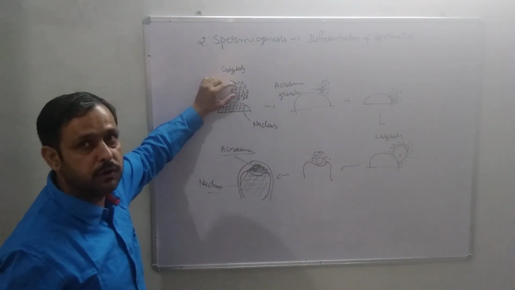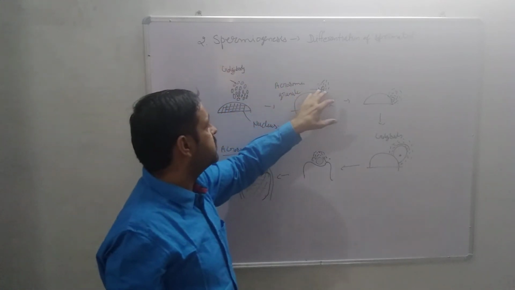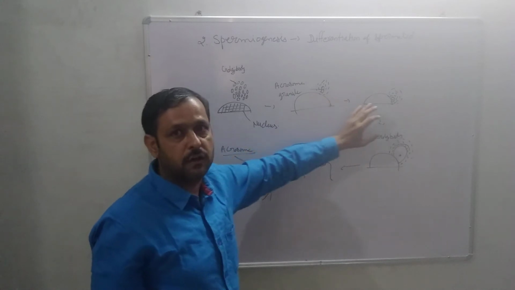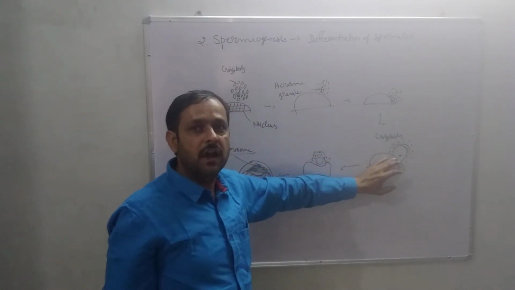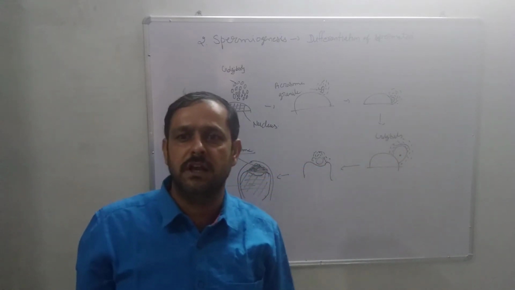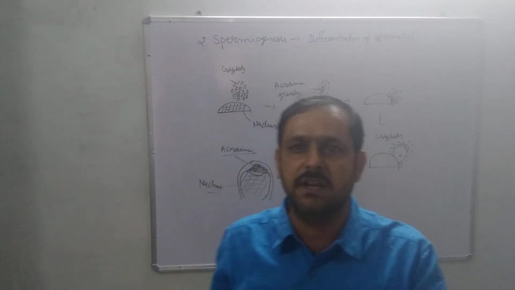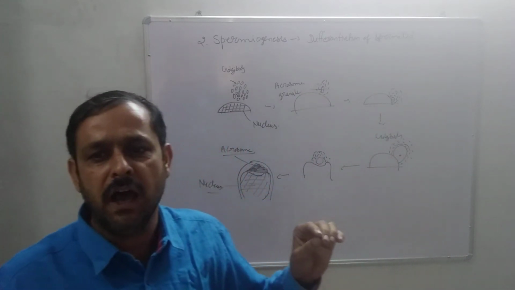First of all, the Golgi body and vacuoles attach together and make the acrosome granule, and this acrosome granule attaches to the nucleus in the peripheral stage, and after that it increases its size. Morphologically and functionally, the spermatid is differentiated into sperm by sperm metamorphosis.